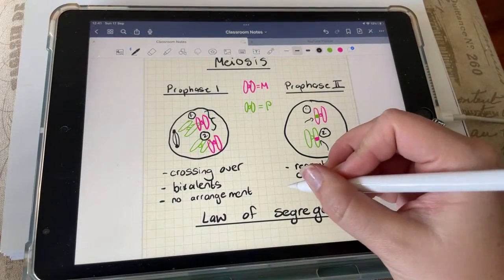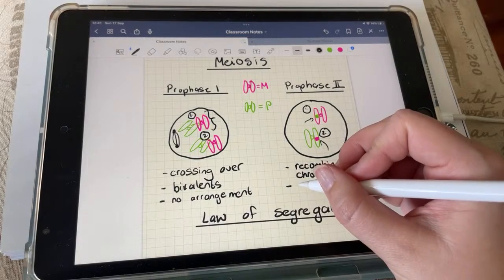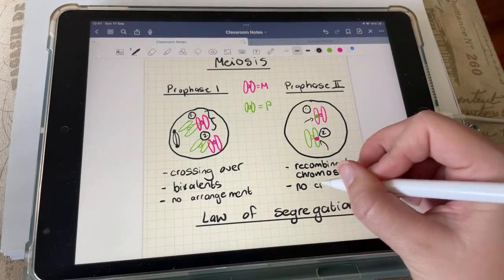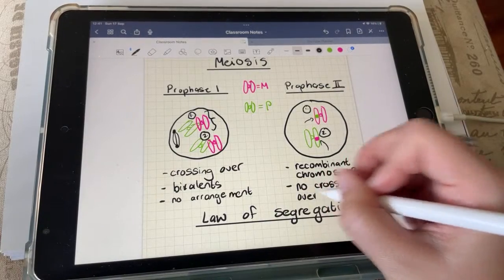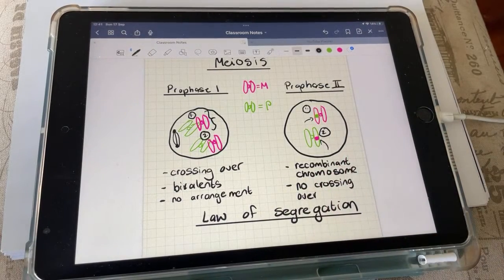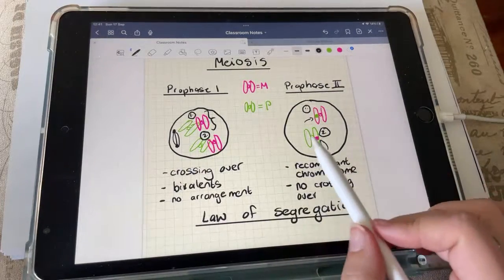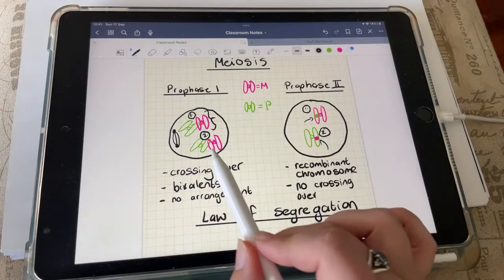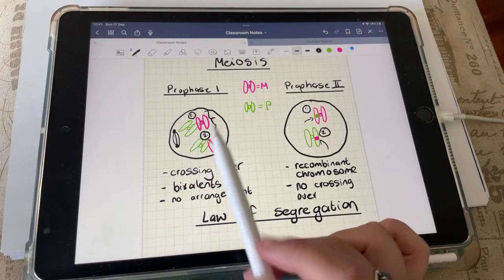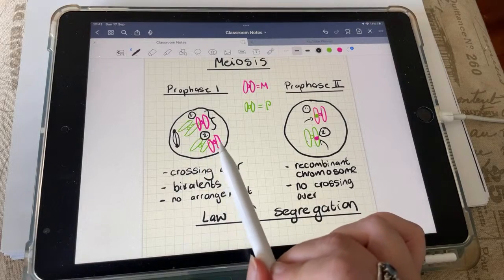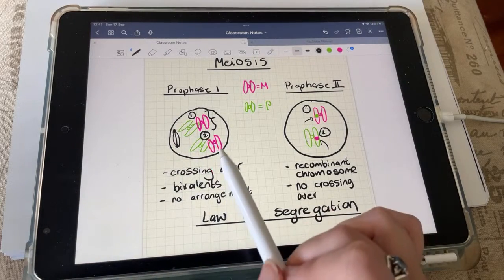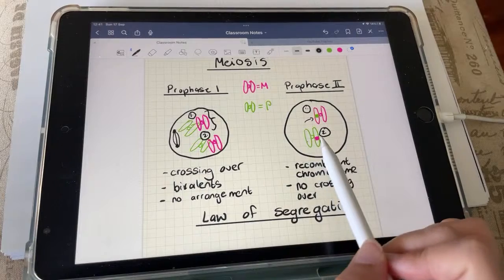Number 2, I know that this is prophase 2 because there is no crossing over. Now, I get a question very often: ma'am, why is there no crossing over? Remember, they can only cross over if they are with their homologous partner. If I go back to the original picture, if this is number 2 green, the number 2 pink is in the other cell, which means its partner is not here.